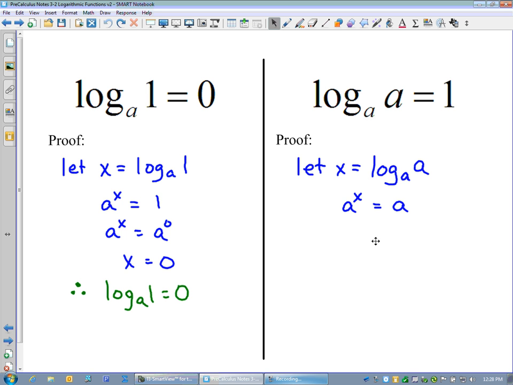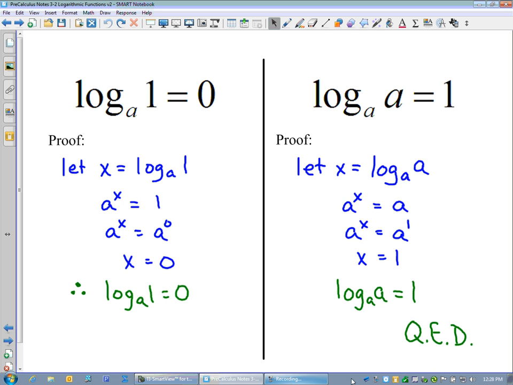Rewriting both sides, I'm simply going to write a as a to the first, which they are equivalent. And then since our bases are the same, that means the exponents must be the same, so x equals 1. But we said x was this expression to begin with, so I can say, therefore, log base a of a equals 1.